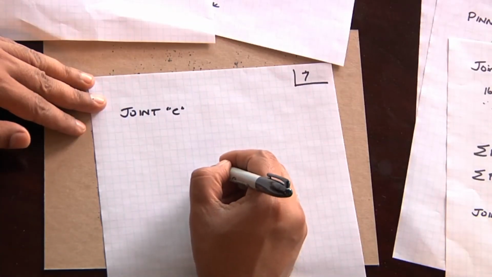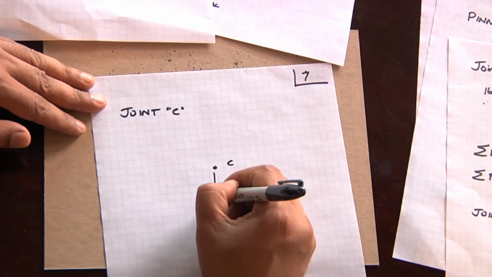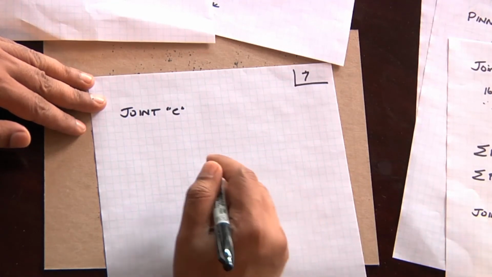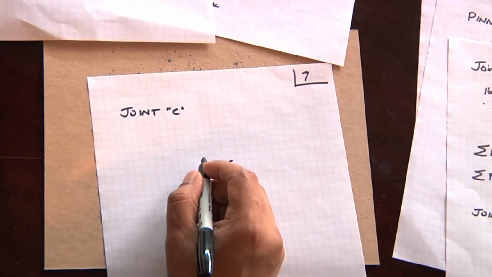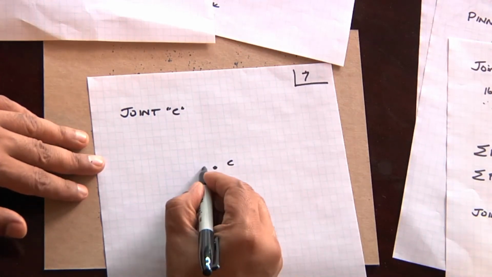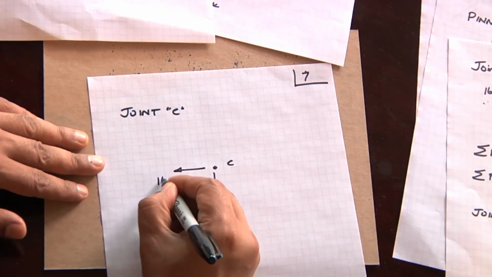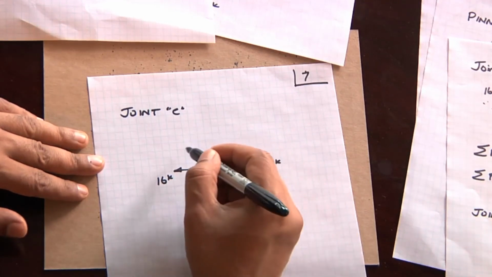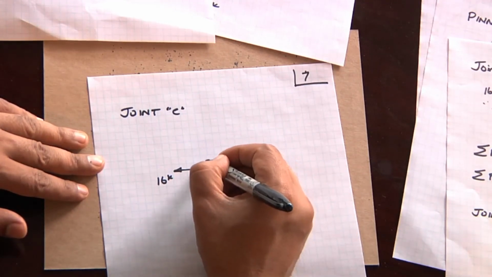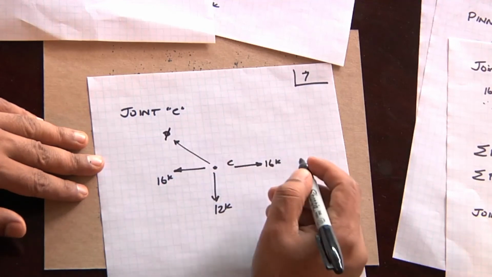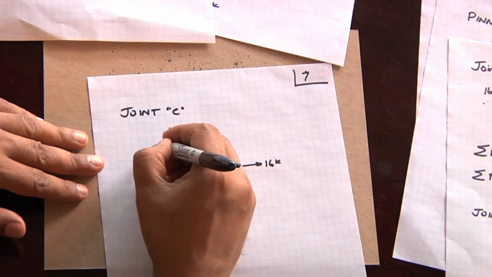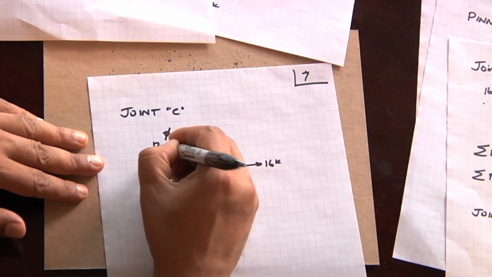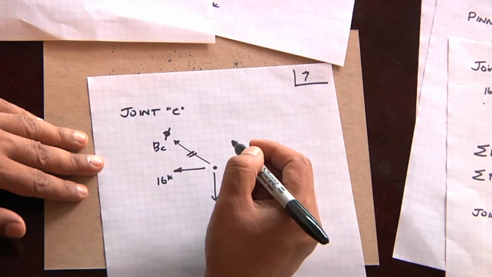Lowercase c. We have 12 kips going down. We have 16 kips in tension on the left-hand side, balanced by 16 kips in tension on the right-hand side. We have a chord load, capital BC, which we calculated as being 0, so that's not doing anything.